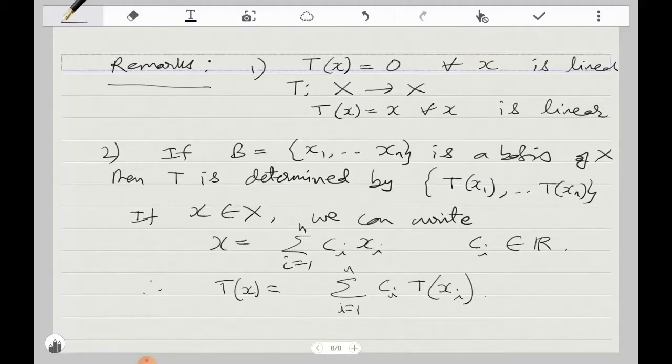In fact, for this statement to be true, I don't even need x1, x2, ..., xn to be a basis. It's enough that x1, x2, ..., xn spans the domain vector space capital X. This statement would still be true.